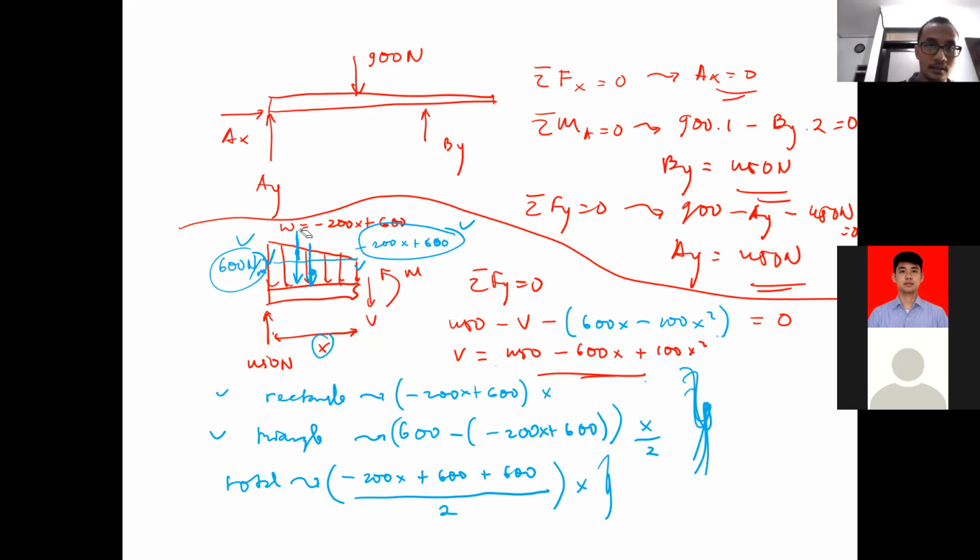So we have for the rectangle and triangle there for the moment. Okay, the rectangle, this one is the value, the triangle, this one is the value.